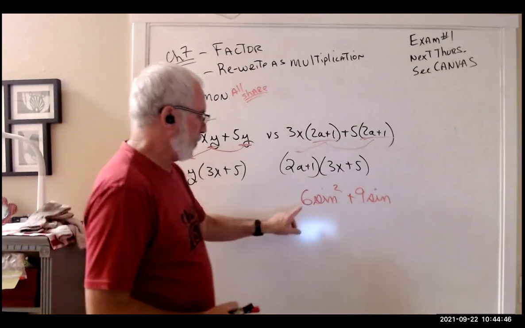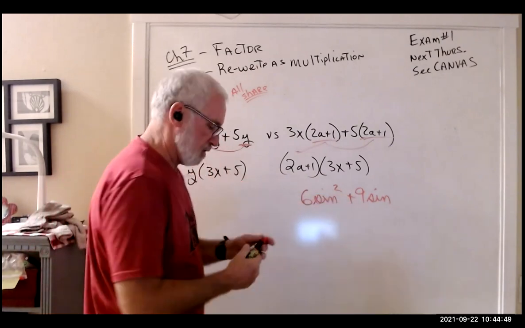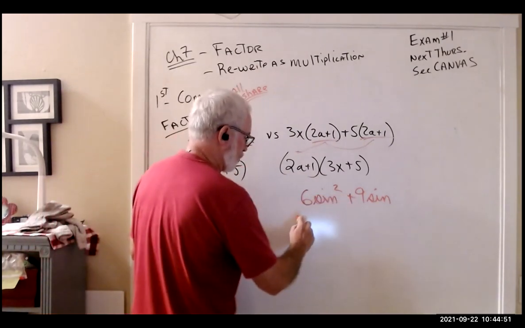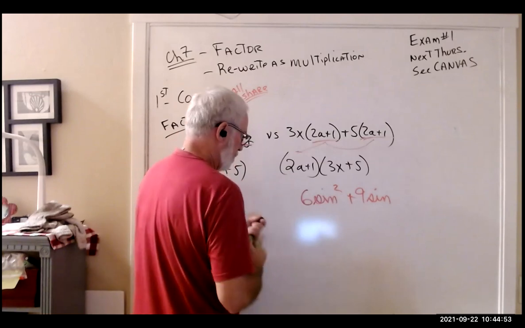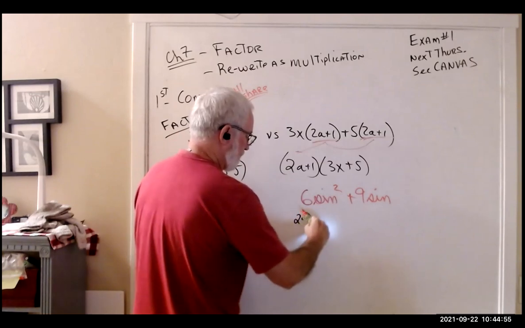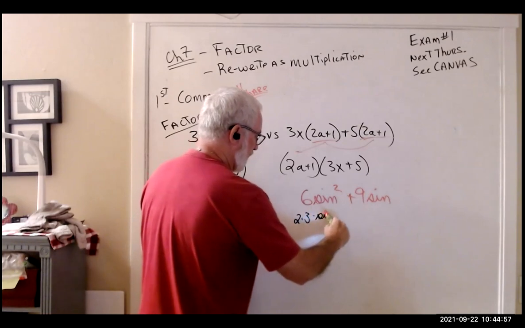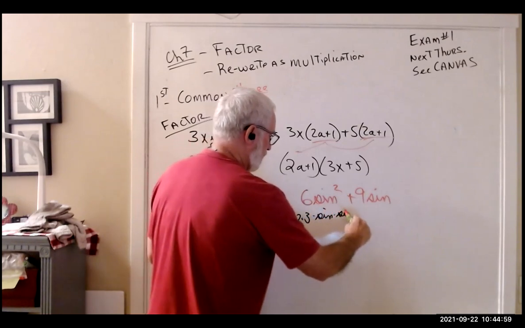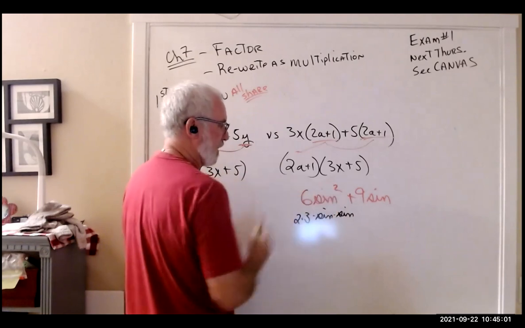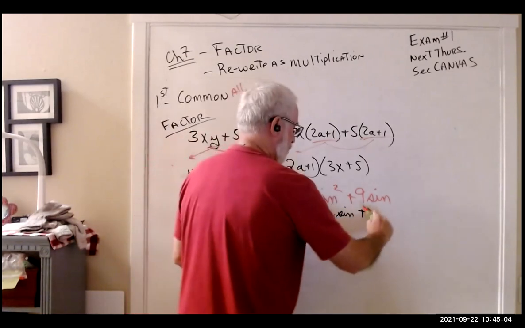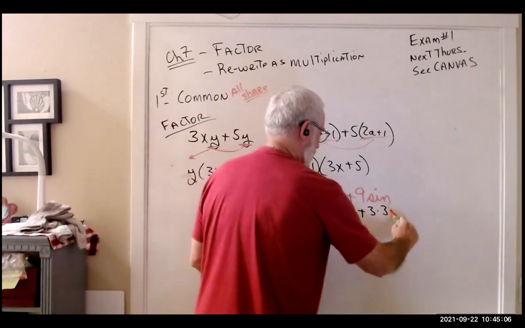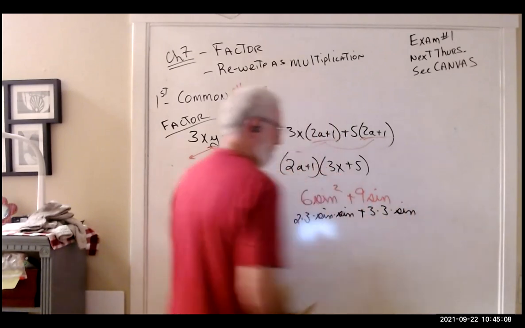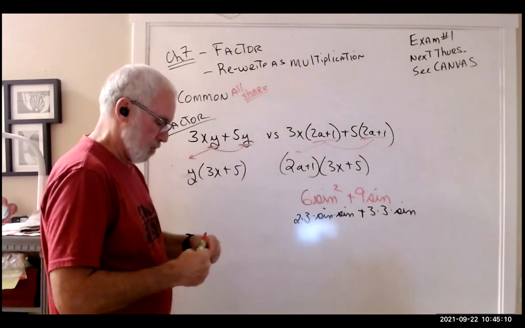Well, 3 goes into both of these. In fact, let's look at this. This is 2 times 3 times sine, because squared, there's 2 of them, plus 3 times sine. Well, what do they have?